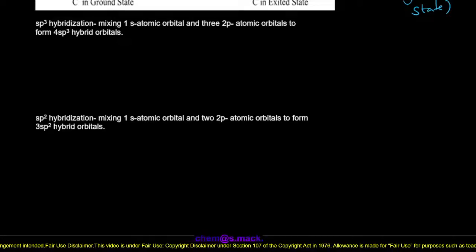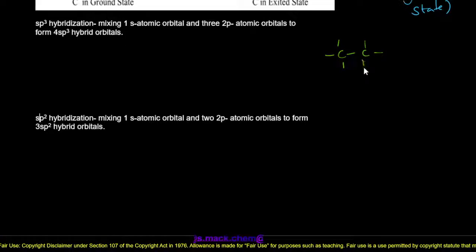Let's look at ethane. Ethane has a formula C2H6. So I'm just going to draw our structure of ethane to the side, which is how you would know it. And we can see 4 single bonds around each carbon atom in ethane.